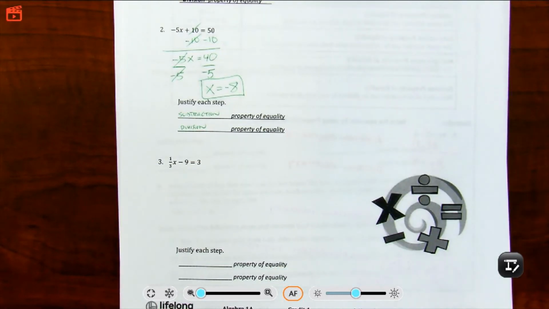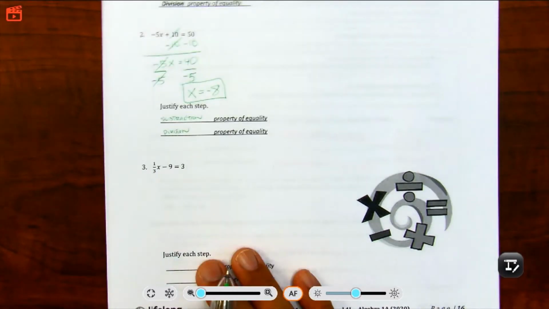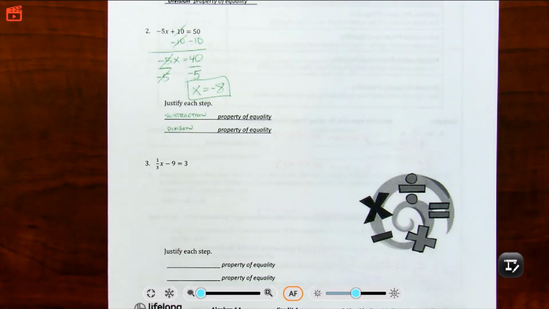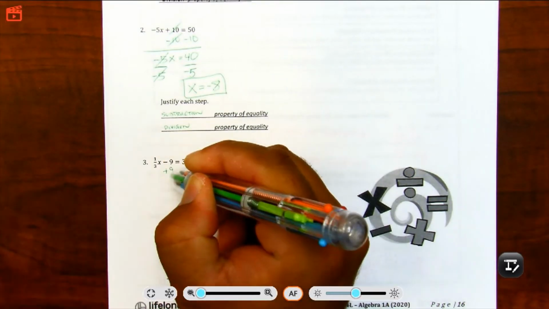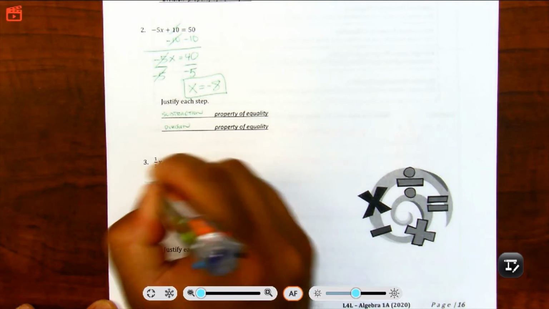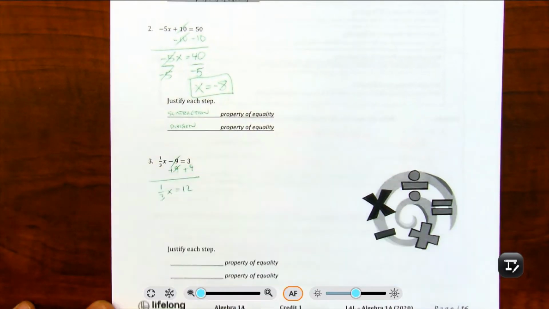Okay, for problem number 3, I have 1/3 x minus 9 equals 3. What I need to do is add 9 to both sides. That's going to be my first step. Add 9 here, add 9 here, and I get 1/3x is equal to 12. Then I want to multiply.